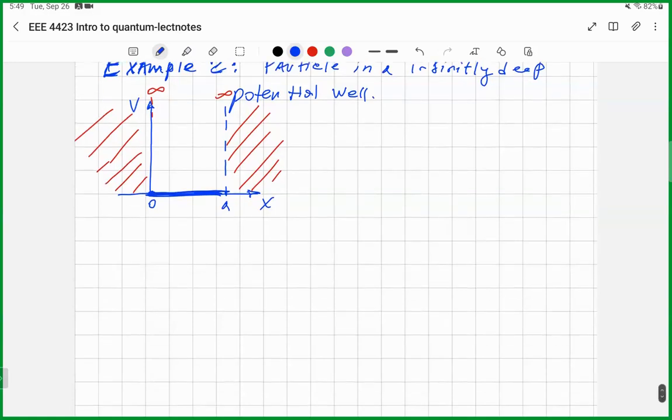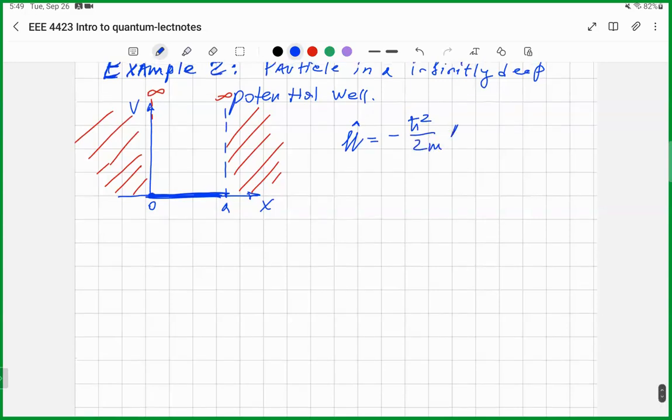So it's a pretty straightforward problem to solve, and the procedure is like this. First we have to write down the Hamiltonian for this problem, which is minus h bar squared over 2m Laplacian plus u, which is a function of x, with no dependence on t, and the problem is one-dimensional.